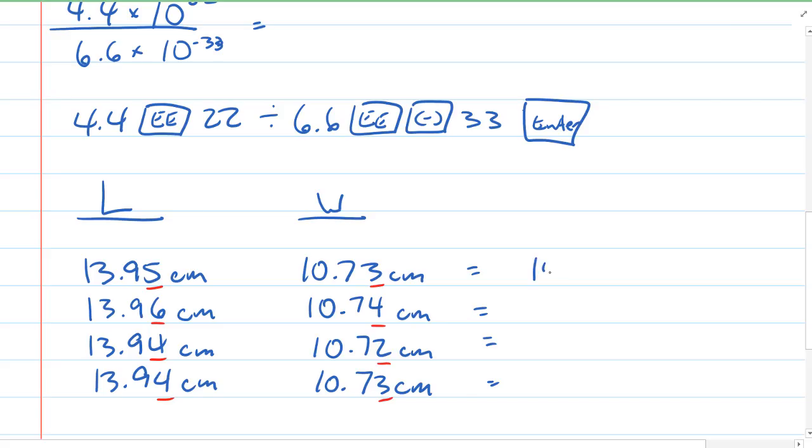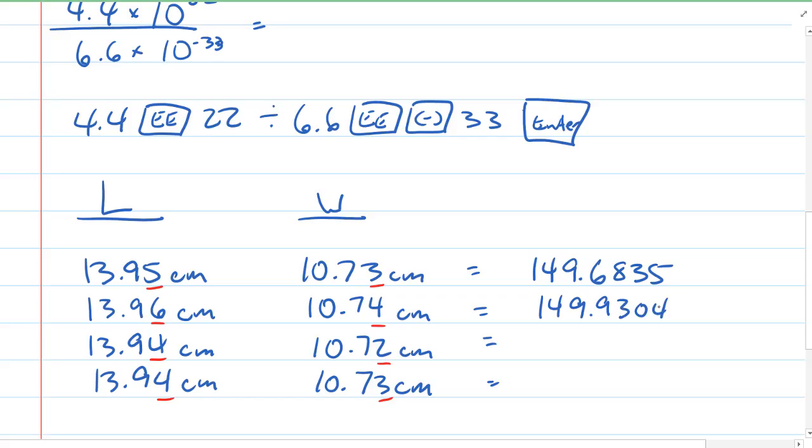My calculator is showing 149.6835. Next one I have 13.96 times 10.74, and I'm getting 149.9304.